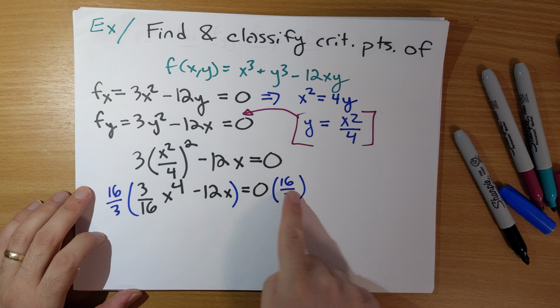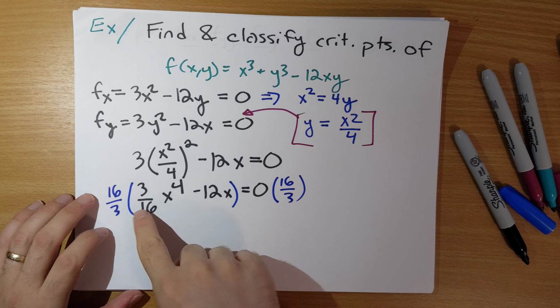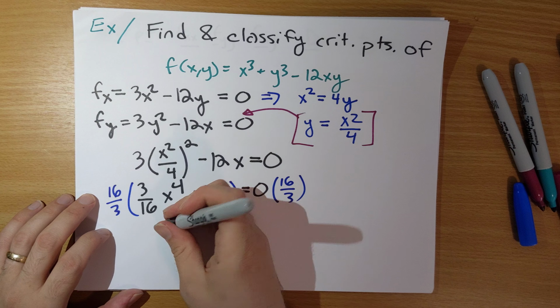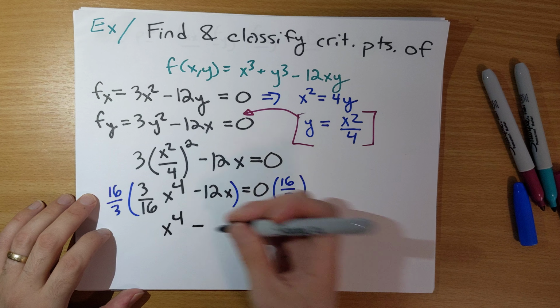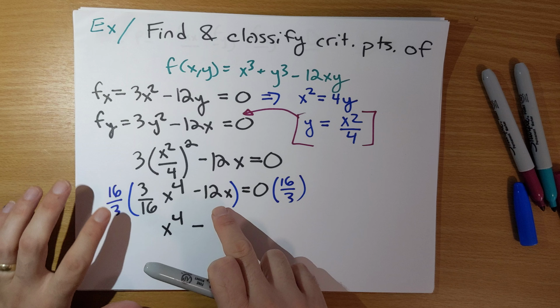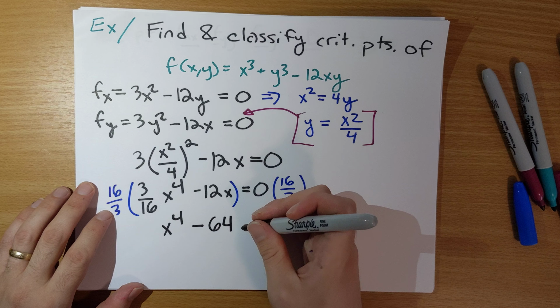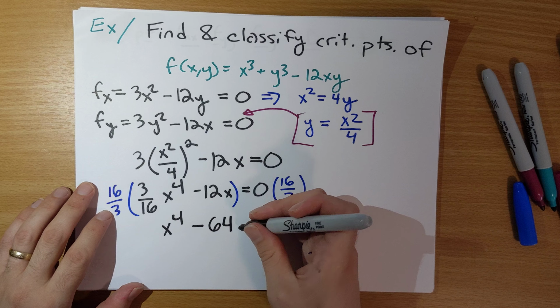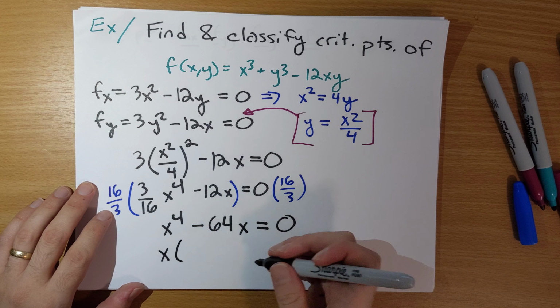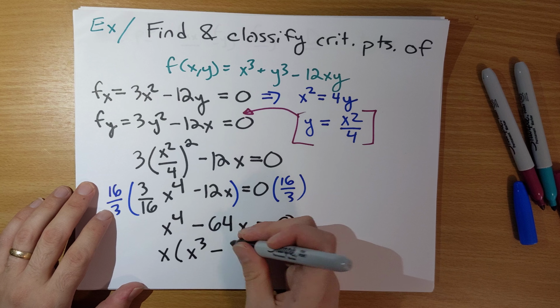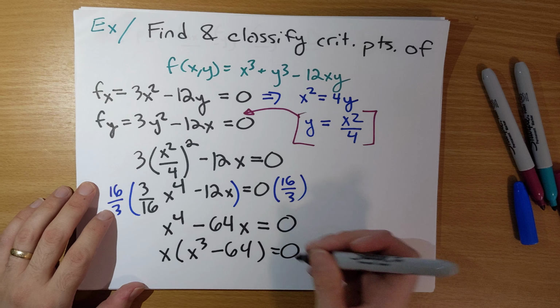So if we multiply both sides by 16 over 3, we would get x to the 4th, and then 16 over 3 times 12 would be 64x, is equal to 0. And this is going to factor as x times (x cubed minus 64) is equal to 0.